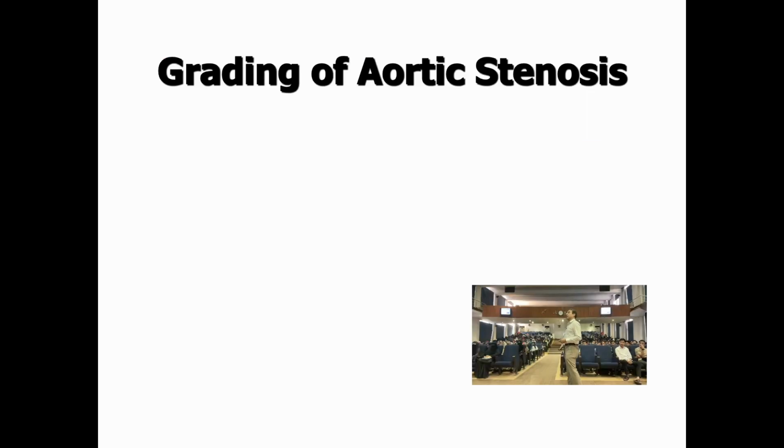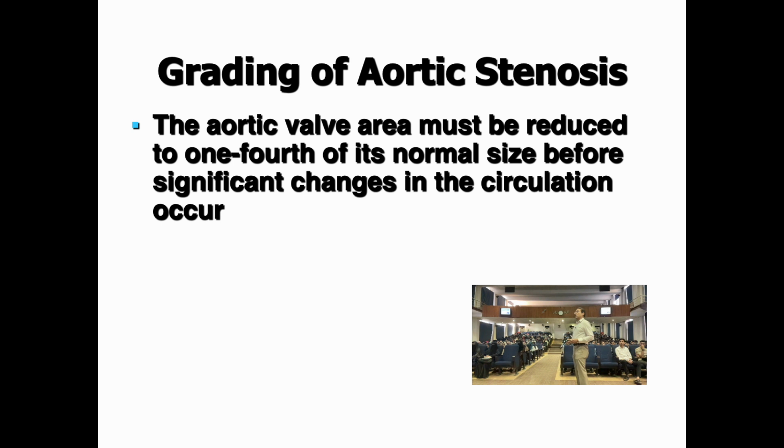Now, how do we grade this aortic stenosis? How severe it is? The aortic valve area must be reduced to 1/4 of its normal size before significant changes in the circulation occur. So you remember, even the mitral valve has to become very tight before the patient starts having symptoms.